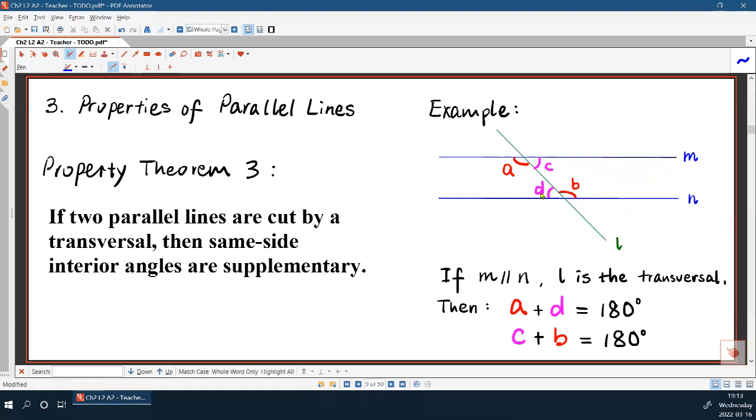And A and D are the same side interior angles. Therefore, A plus D equals 180 degrees, right? Because they are supplementary. And angles C and B are also same side interior angles. Therefore, C plus B is also 180 degrees.